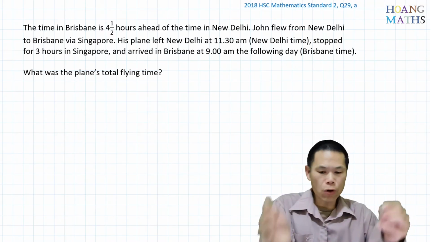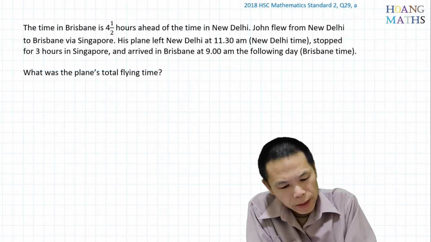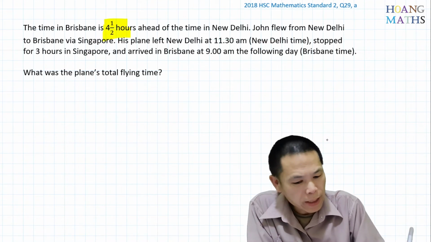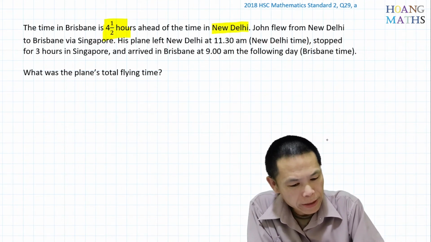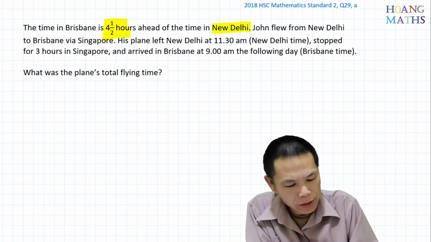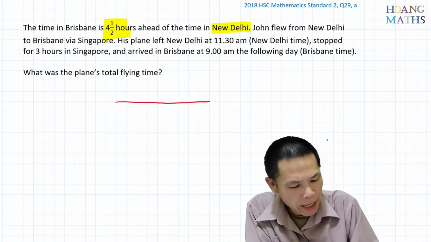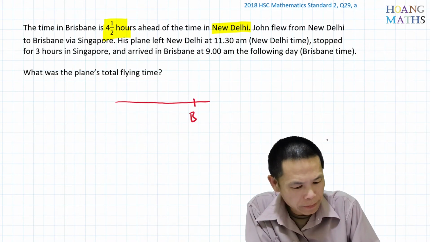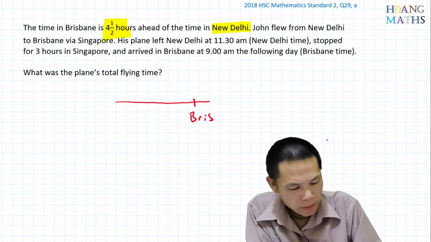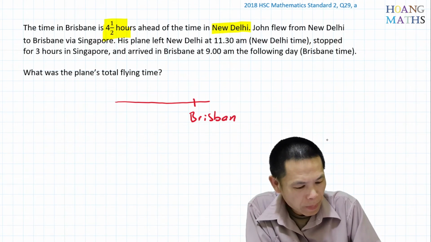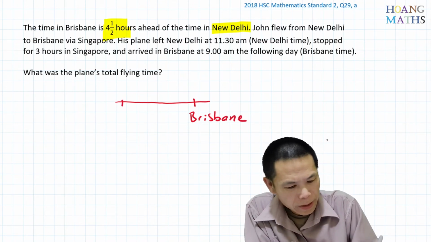So first of all, we know that Brisbane is 4.5 hours ahead of New Delhi. Let me just draw the timeline for this first. So this means that Brisbane is here, and then this is New Delhi.